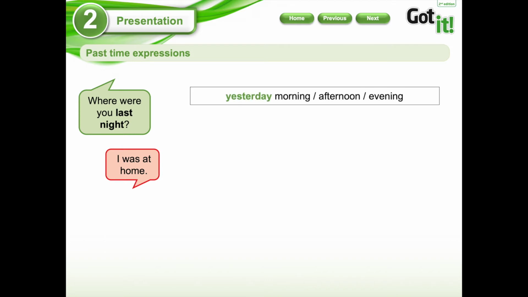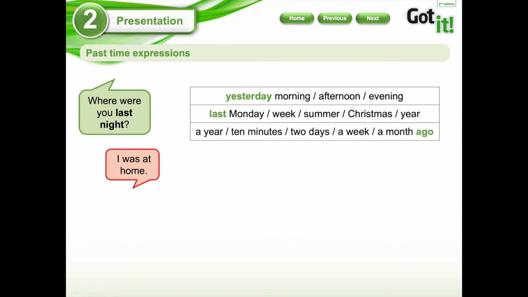Yesterday, you could use it in a sentence. You could say yesterday morning, yesterday afternoon, or yesterday evening. Then we have last, as you can see here in the example. You can say last Monday, last week, last summer, last Christmas, last year, a year ago.